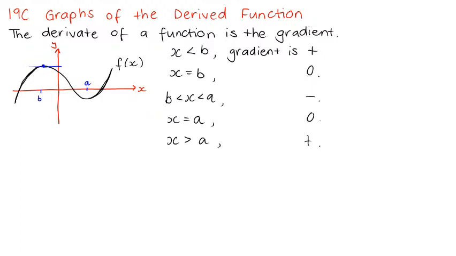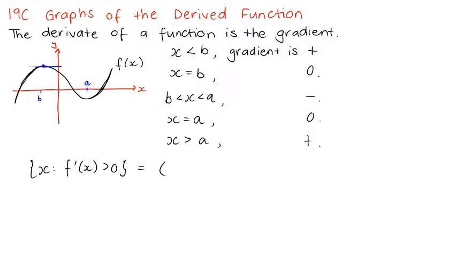If you're asked to write that in interval notation, we can use this fancy bit. Basically, that's saying when the gradient is greater than 0, so when the gradient is positive. We've got a positive gradient when x is less than b, so in interval notation, what are the 2 points?